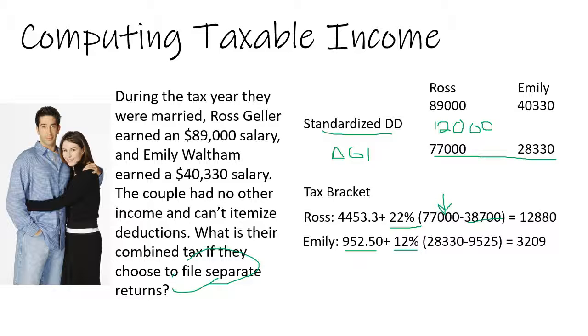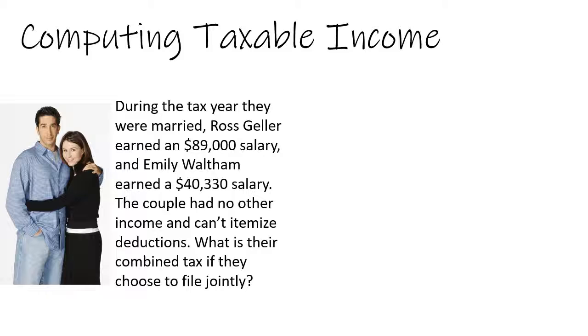This leaves them with a combined income tax liability of $16,089. Now let's compare that number that we just computed for Ross and Emily filing separately with the tax liability that they would owe if they elected to file jointly.